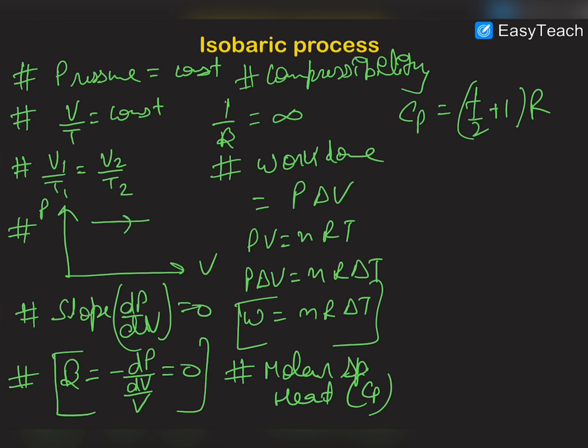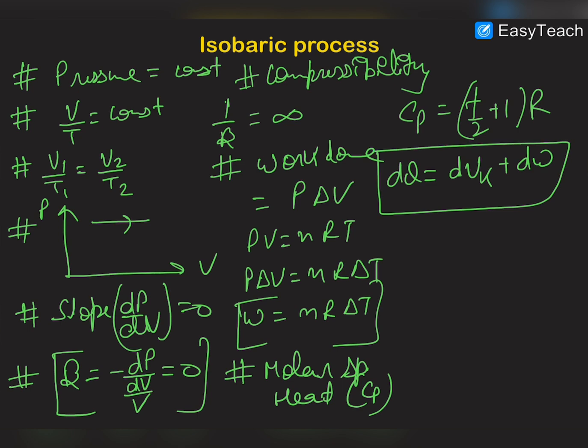And the heat supplied to the gas in isobaric process is utilized in two parts, partially in increasing the temperature or the internal kinetic energy of the gas, and partially in doing work against the surroundings.